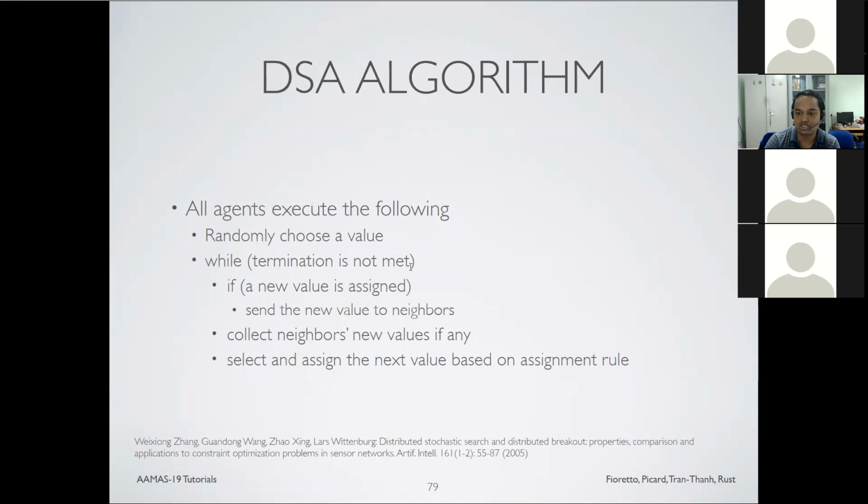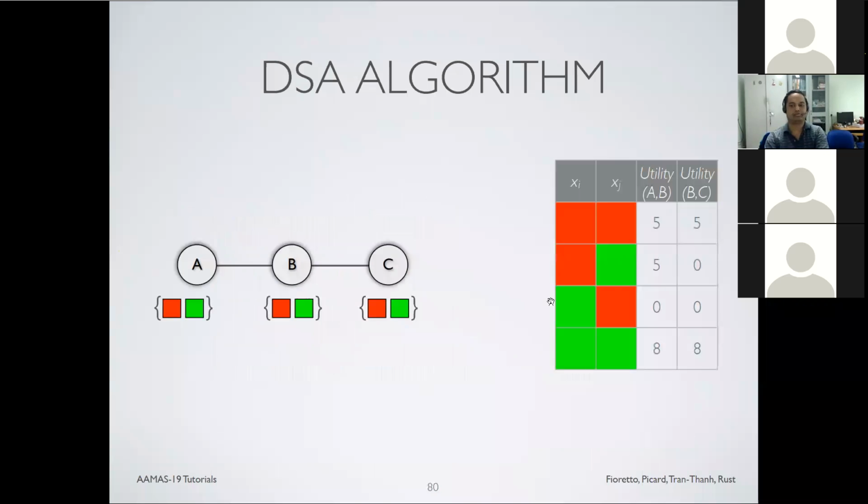While termination is not made, if a new value is assigned, send the new value to neighbor. Collect neighbor's new value, if any. Select and assign the next value based on the assignment rule. So let us take the example. Initially, there is no color for A, B, C. They can choose any color.